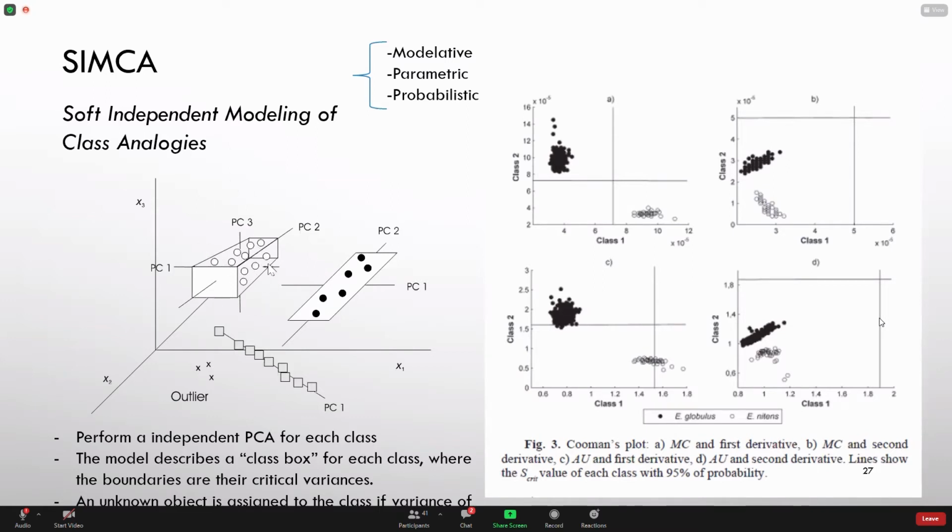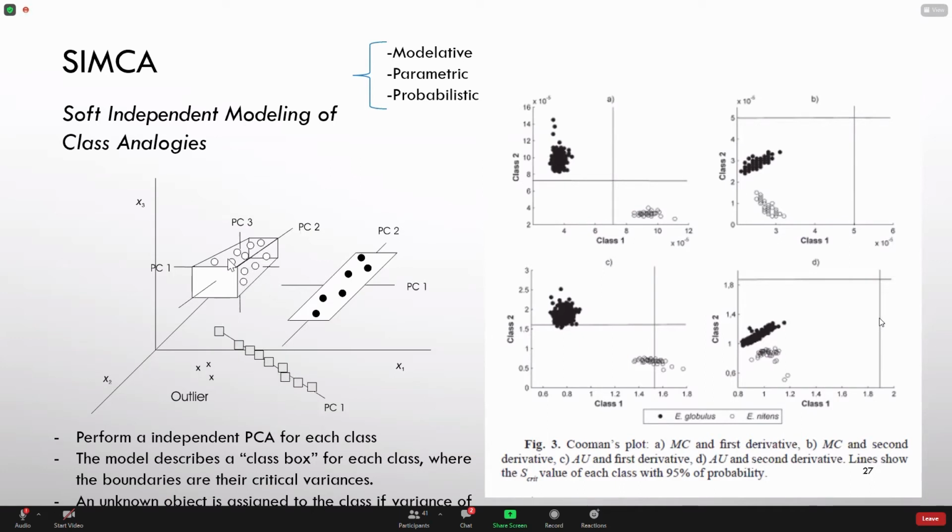SIMCA builds a PCA analysis of each class, okay? So if we have, for example, 3 classes, we will make a PCA for each set of samples of each class in order to have a class box for each class.